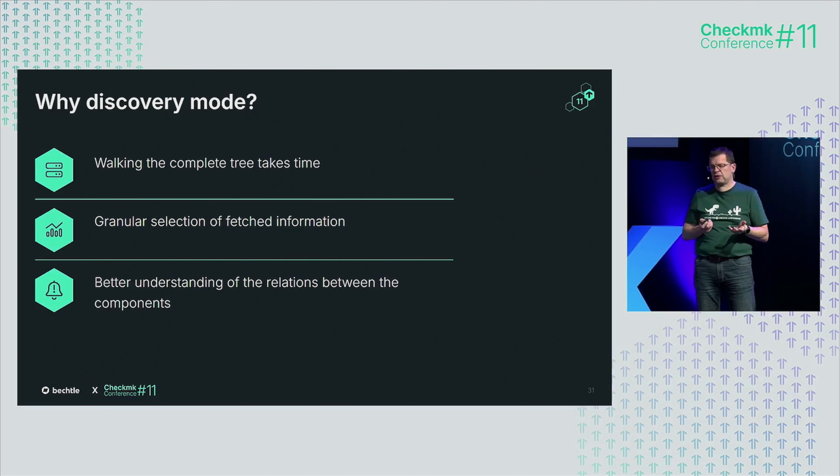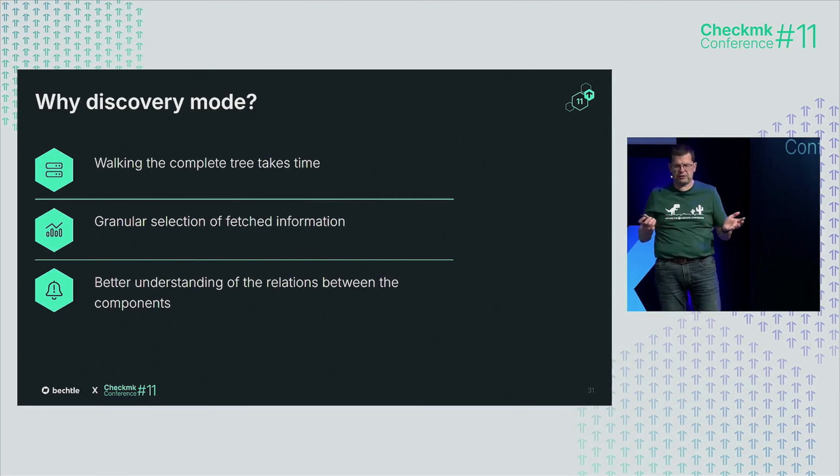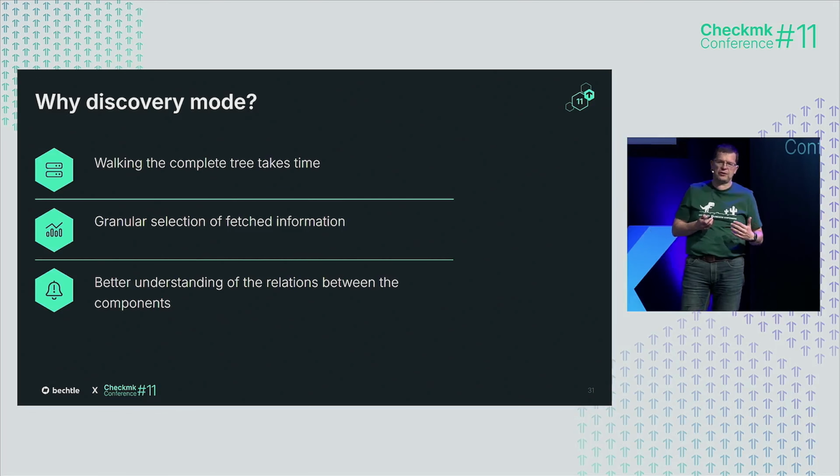And that costs time. If you can predefine what you need on this interface, then we save a lot of time. That's why a discovery mode, where you get all the important components and can then select which components should be fetched, means the agent can save the paths to these components and fetch them faster. And a faster run or shorter runtime is better, I think.